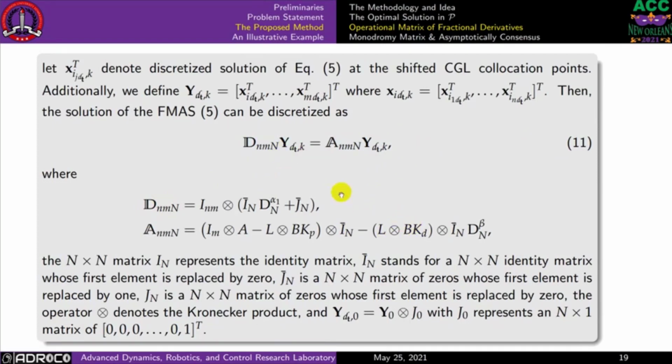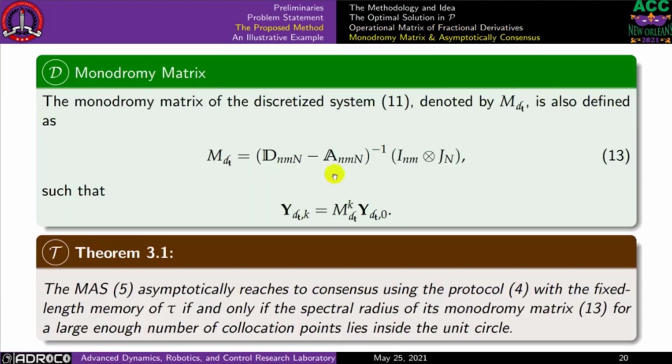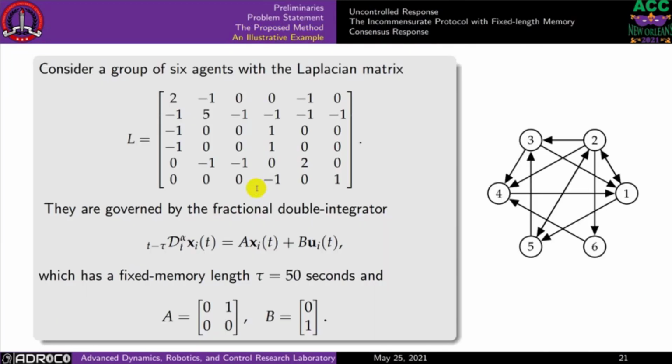In this equation, we can show that the monodromy operator is given by equation 13, which includes K_p, K_d, and beta. And therefore, our control problem turns into a nonlinear problem where we need to determine those coefficients such that the spectral radius of this monodromy operator is located inside the unit circle.